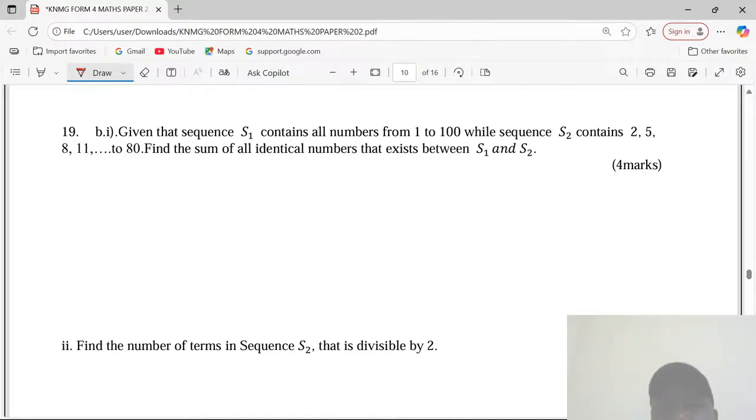Find the sum of all the identical numbers that exist between S1 and S2. Let's first of all identify the identical numbers.